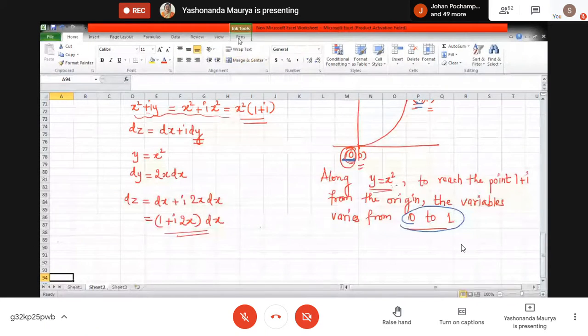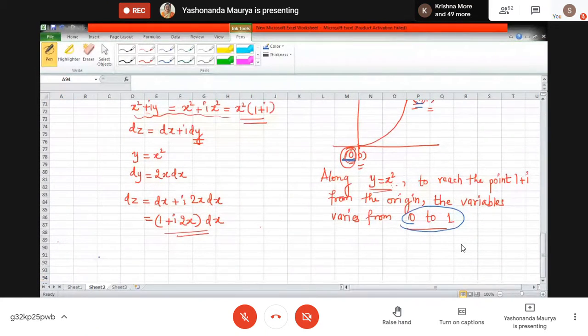So now what is the integration? The function was x square plus iy, integrated from 0 to 1 plus I, dz. Now this gets simplified because of the curve that we have. It is from 0 to 1.